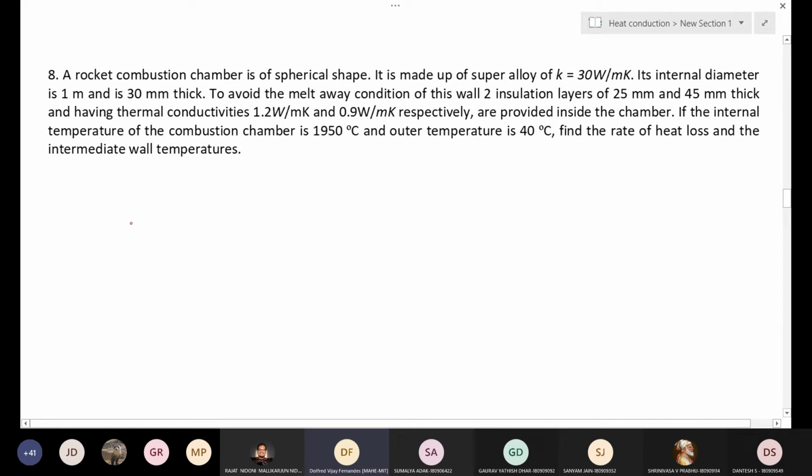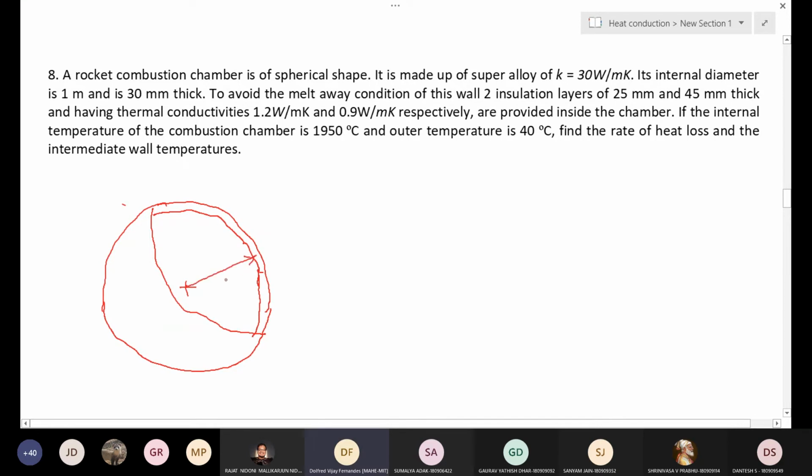We have a combustion chamber of spherical shape. What the question says is, the inner diameter is 1 meter, so the inner radius will be 500 millimeter or 0.5 meter.